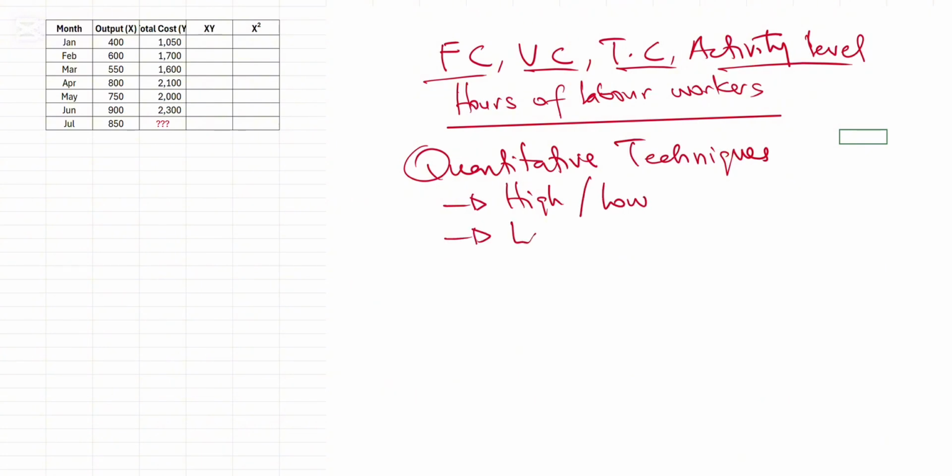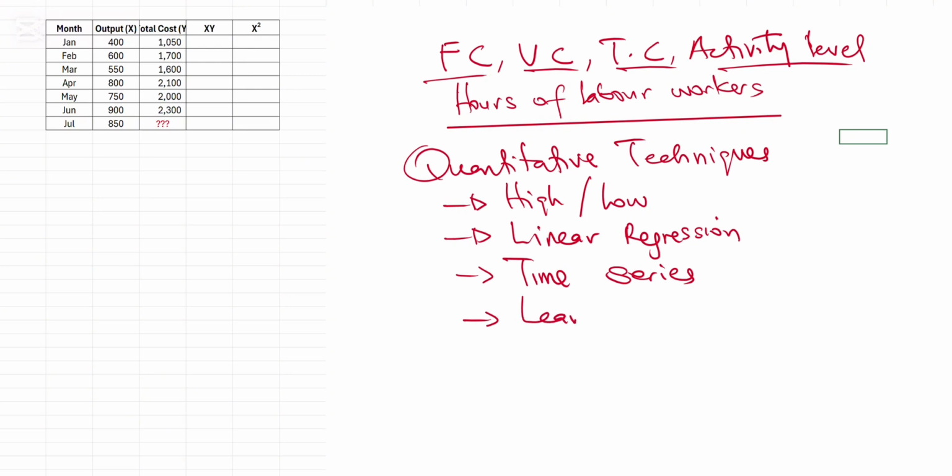We'll also look at linear regression, and we will look at time series. And lastly, learning curve. So these 4 quantitative approaches, we will study them and I'm going to solve questions on them.